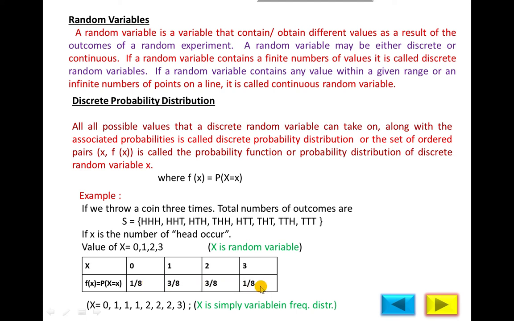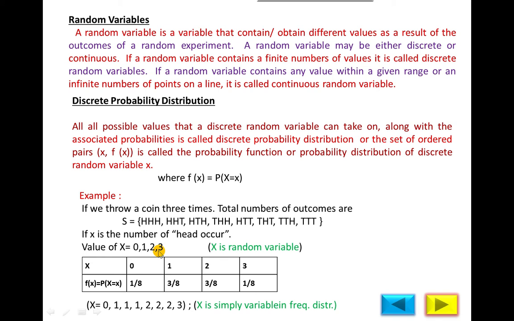You have already calculated these probabilities in the previous video. Out of 8, 1 time 0 heads occur, 3 times 1 head occurs, 3 times 2 heads occur, 1 time 3 heads occur. So this variable is called a random variable.